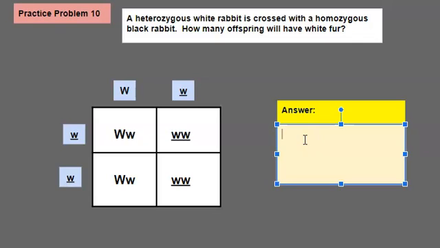So 50%, or 1/2, 50% of the offspring will have white fur. Black fur would be true too. But the question specifically asks about white fur.